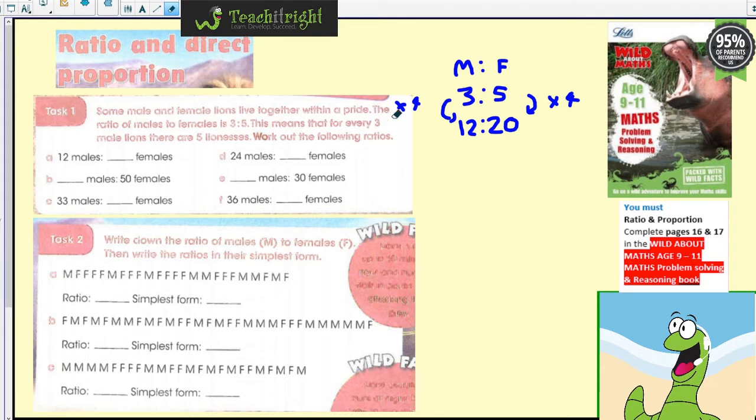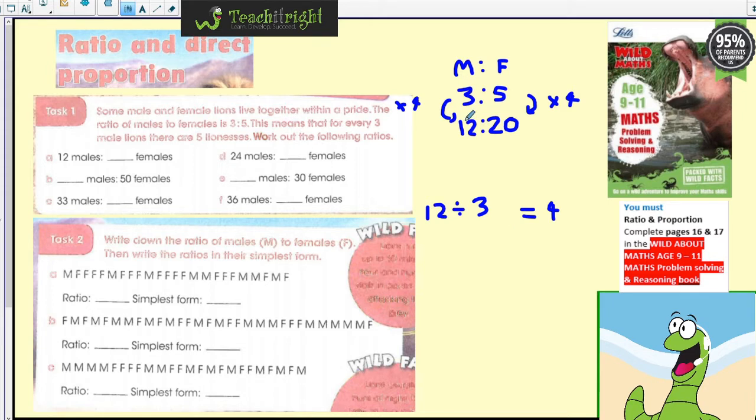Now, just to be clear, how can you work out this times 4? Maybe 3 times 4 is 12 is a bit easier, but just remember, if it's something you struggle to spot, if from the numbers 3 and 12 you wanted to end up with an answer of 4, the secret is to do 12 divided by 3, which will give you the 4.